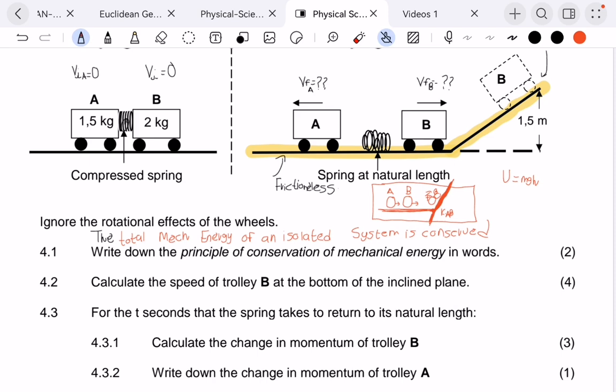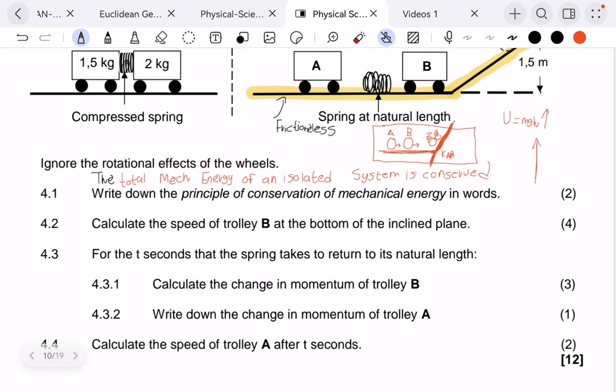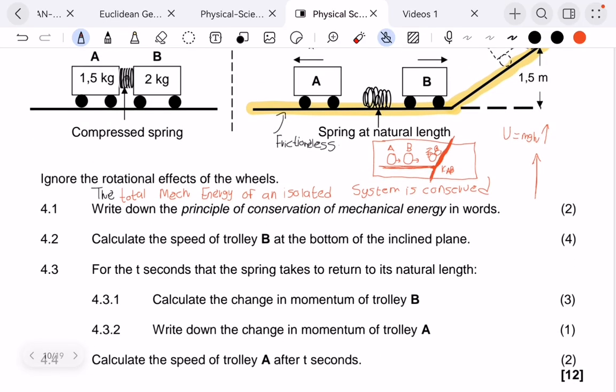Hence, that is why we're saying they are gaining gravitational potential energy. Remember that as your height increases, your gravitational potential energy is also increasing, right?